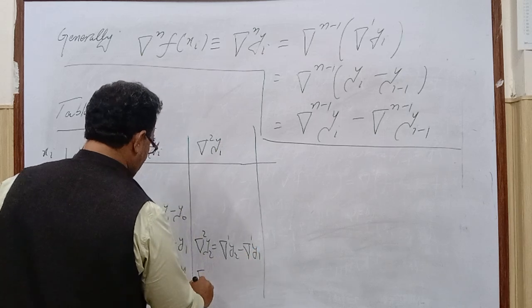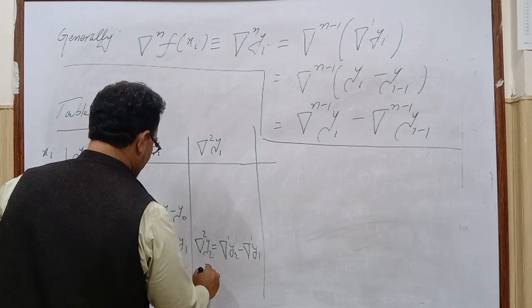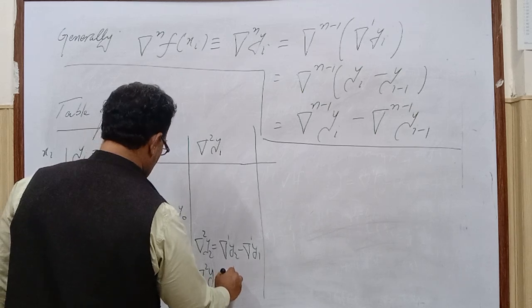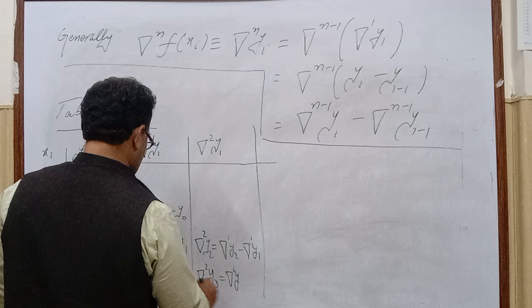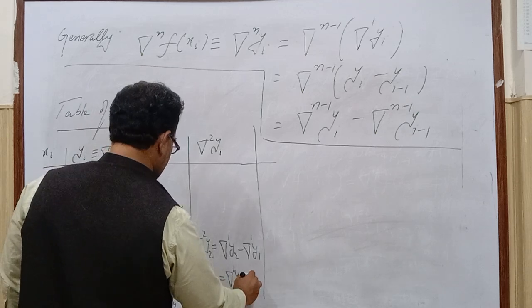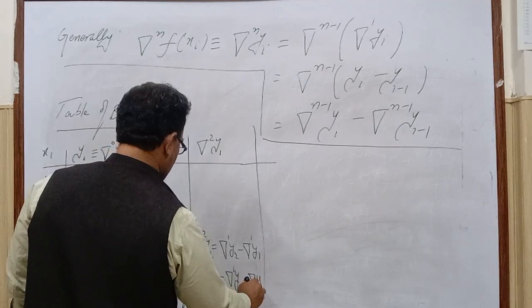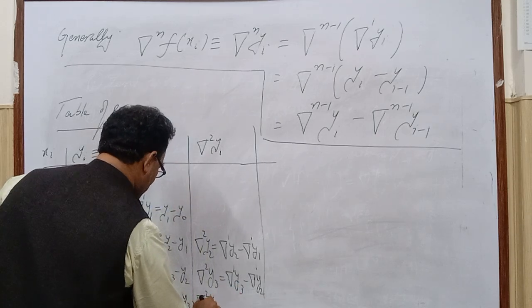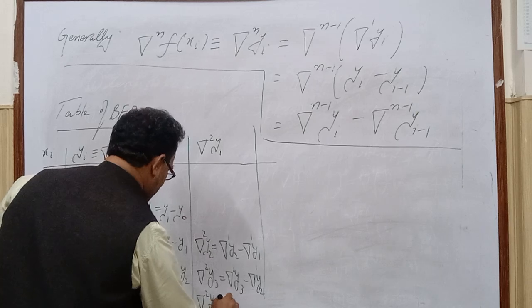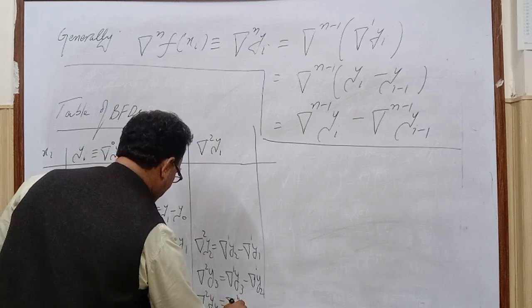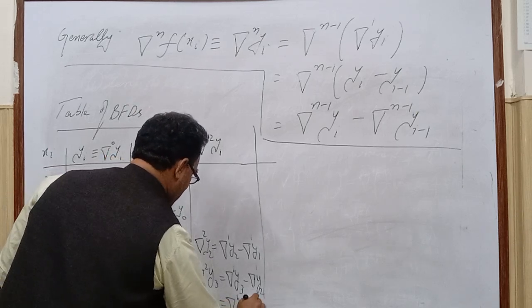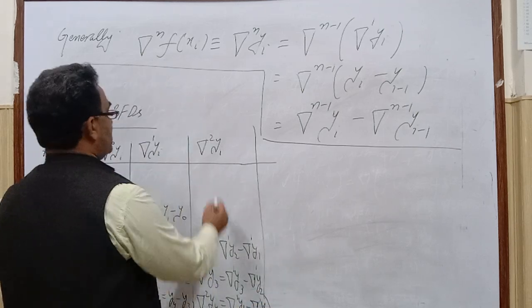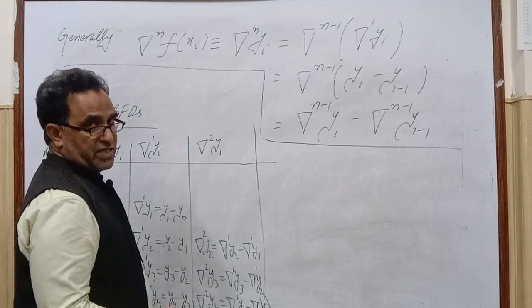Over here we will write down del 2 y3, and this will be written as del 1 y3 minus del 1 y2. And just like that, over here we will write down del 2 y4, and that will be del 1 y4 minus del 1 y3. So this is for the second BFTs.